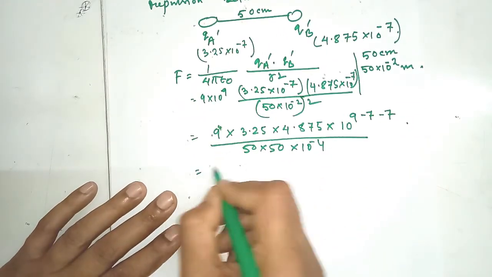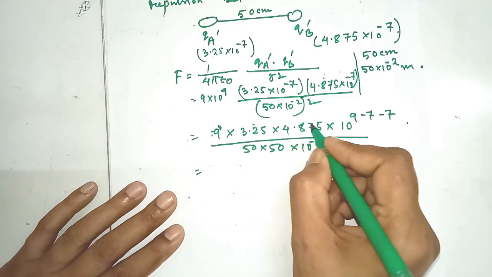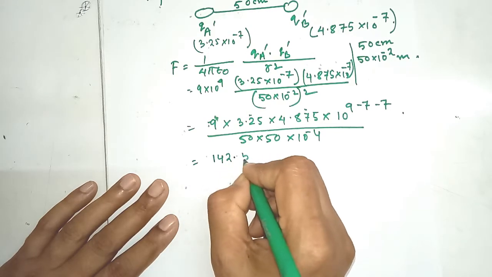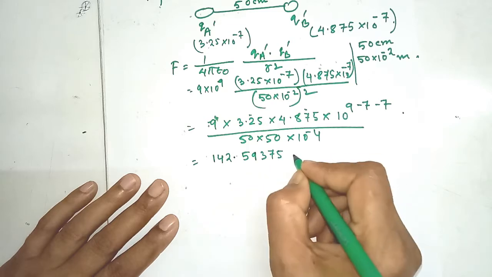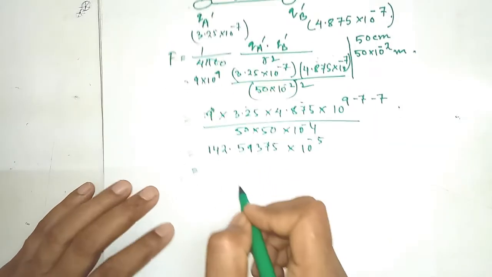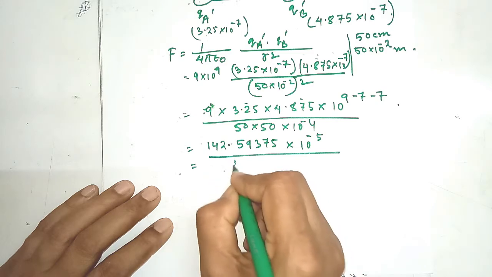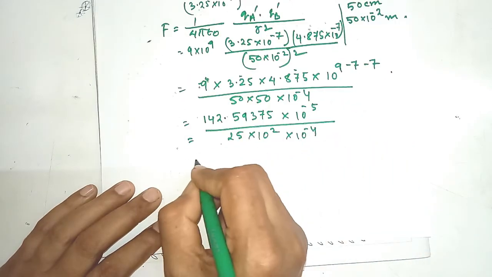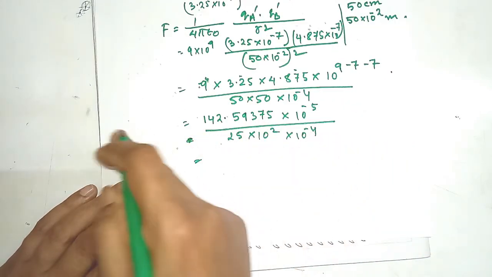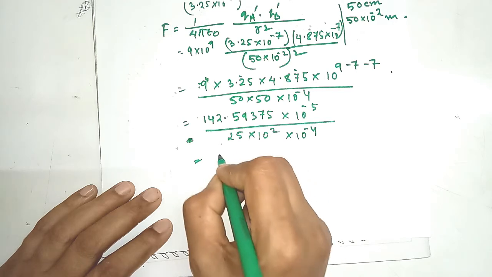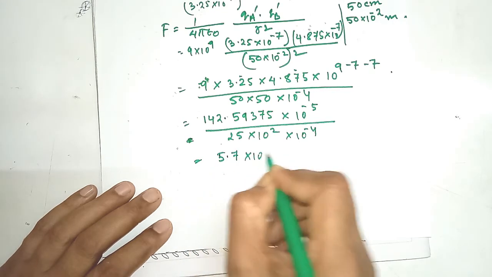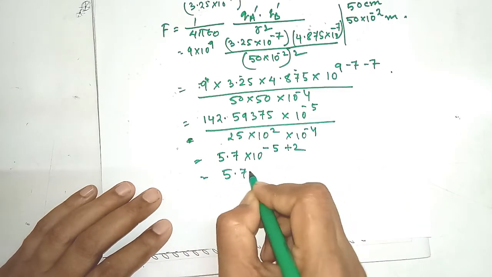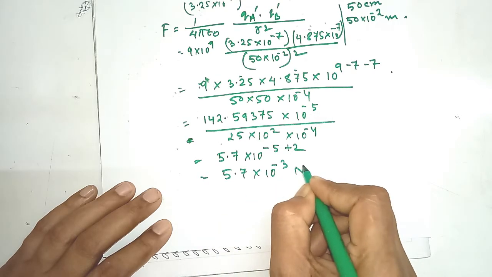Okay, so the final outcome of these three terms, that is 142.59375 into 10 to the power 4 and divided by 25 into 10 to the power 2 into 10 to the power minus 4. So after calculating this we got 5.7 into 10 to the power minus 5 plus 2, which is 5.7 into 10 to the power minus 3 Newton.